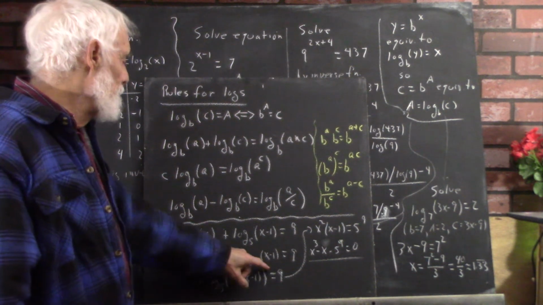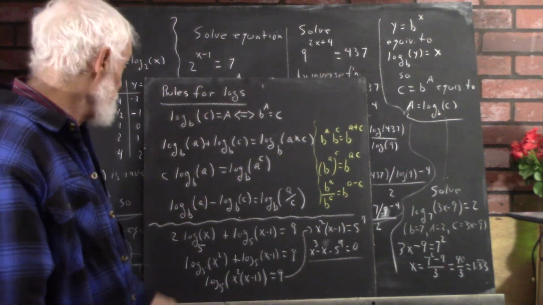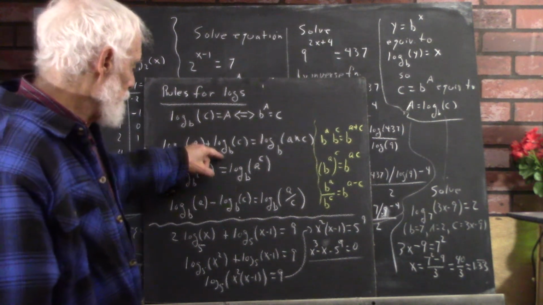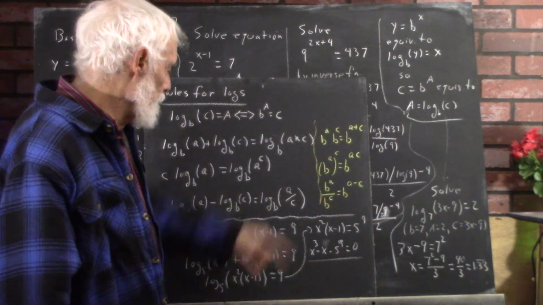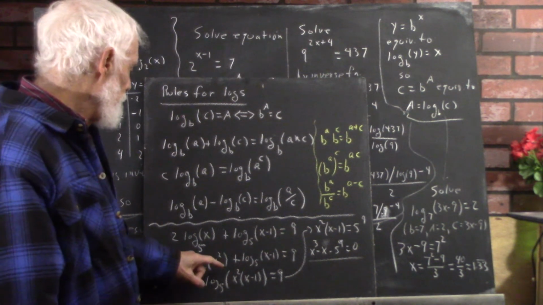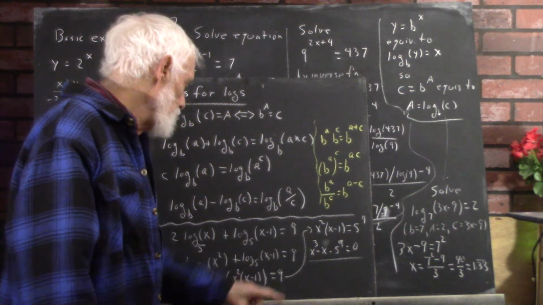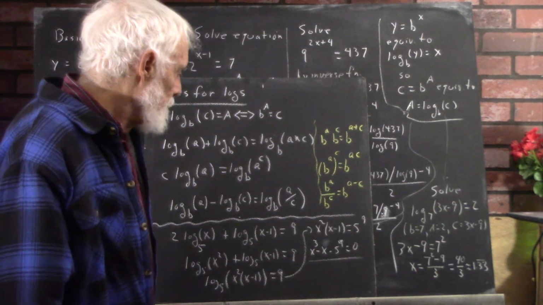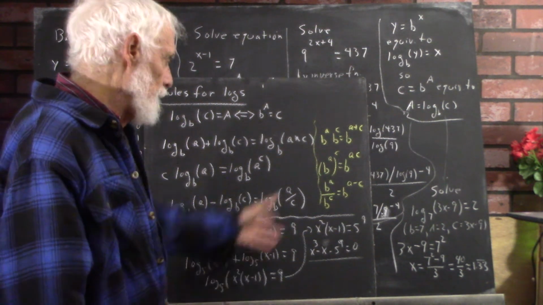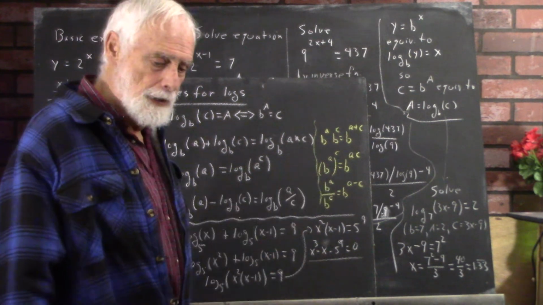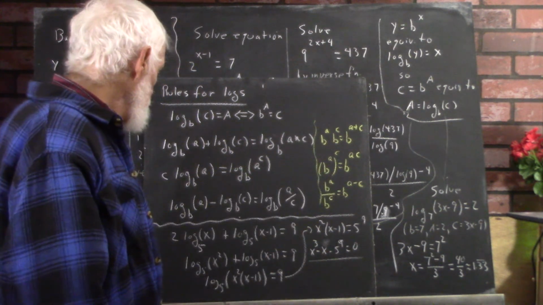Now we have a sum of 2 log base 5 expressions, and the sum is then going to be log base 5 of the product of those expressions. So we're going to have log base 5 of x squared times x minus 1, and that's got to equal 9. I know I had to choose 9 because I can't do 5 to the 9th in my head. It's a couple million, I think.